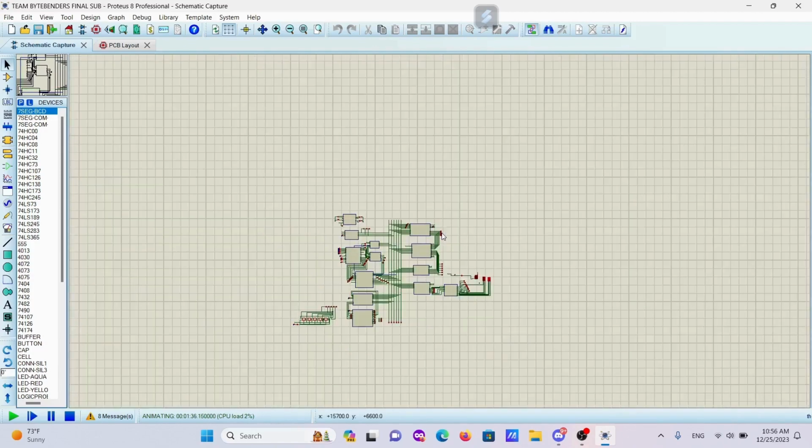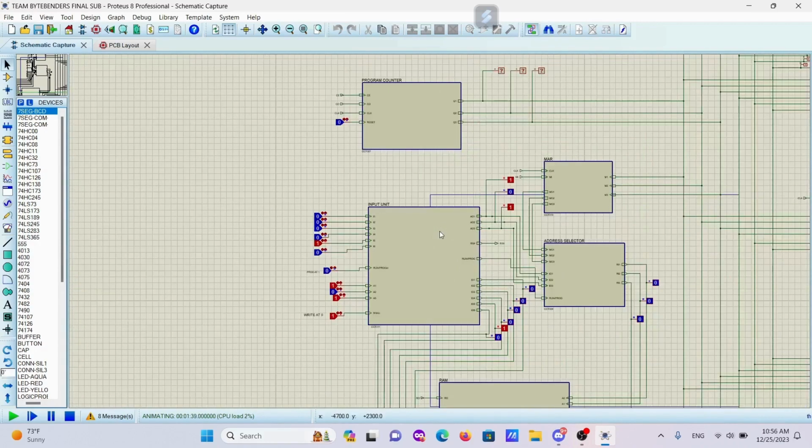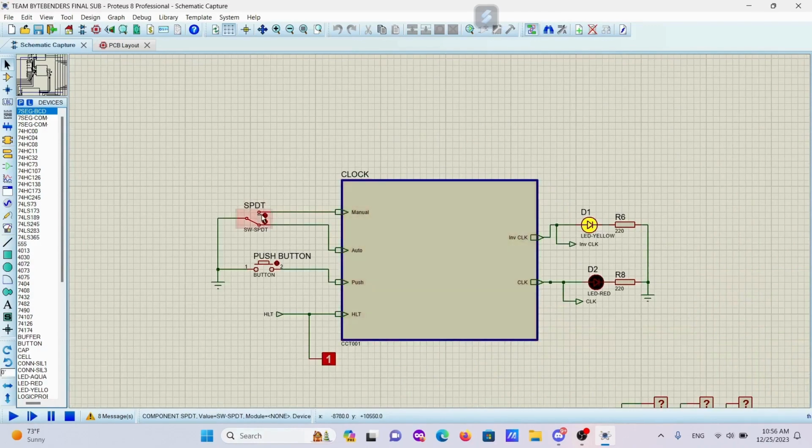Okay, so now we will move on to the subtraction operation. We will basically subtract 1 from 0. So what should be the result? -1. Then we will again start simulating the program for resetting everything, and take the clock again at manual mode.